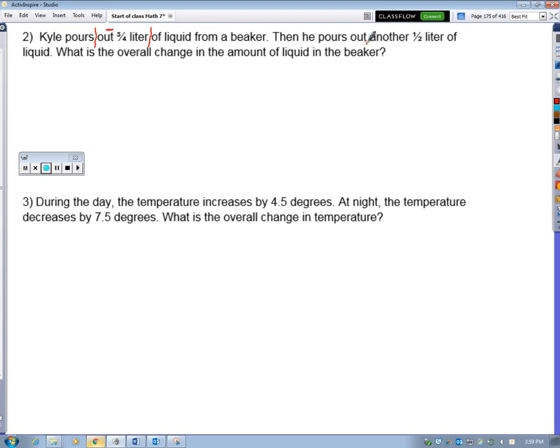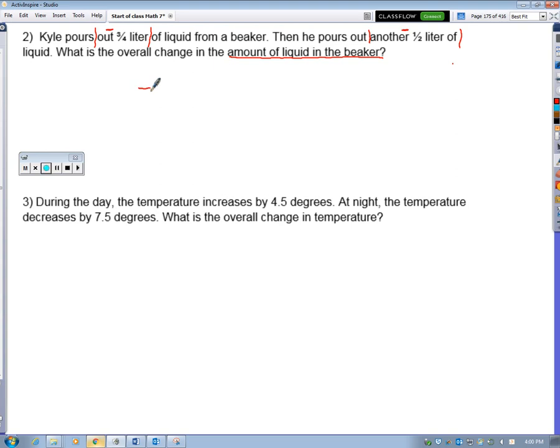Then he pours out another 1/2 liter of liquid, so losing more, that's negative. What is the overall change in the amount of liquid in the beaker? Okay, another story here. Look, he did this and then he did that. Okay, it follows a sequence. So we're going to take those two things that happened in our story and we are going to add them together to find out how much liquid was lost.